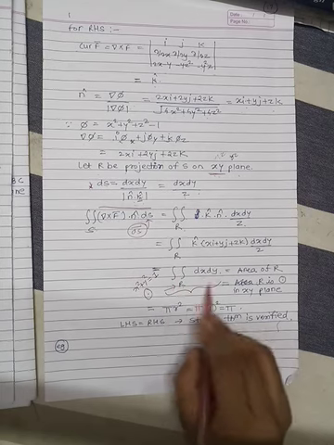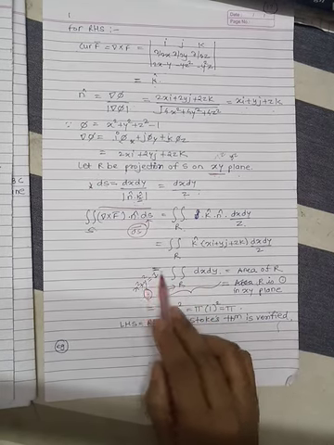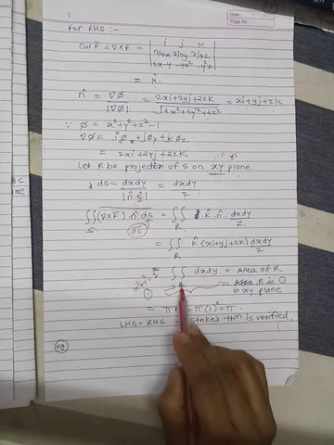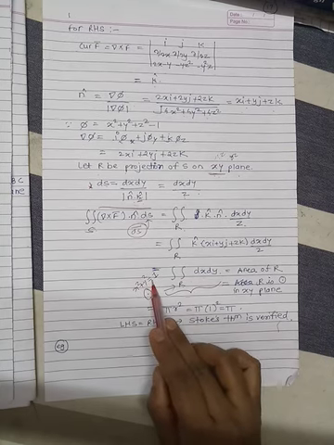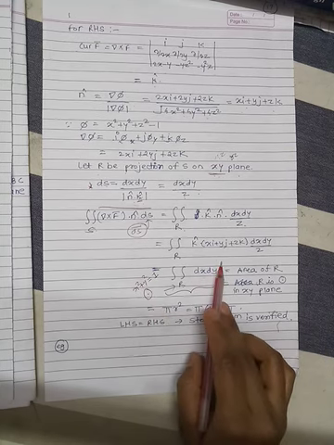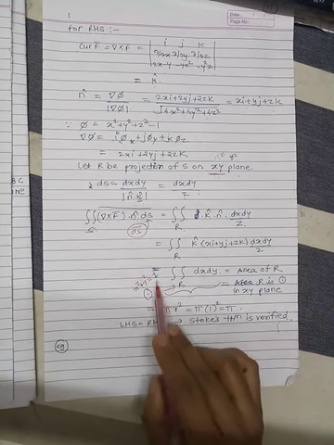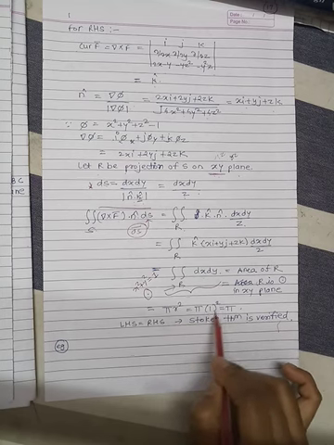Then this double integration over this circle R means the area of this circle, and the area of a circle is fixed. The formula is pi r square. The radius is from this 1, r square is 1, so r is 1, so pi into 1 square is pi.